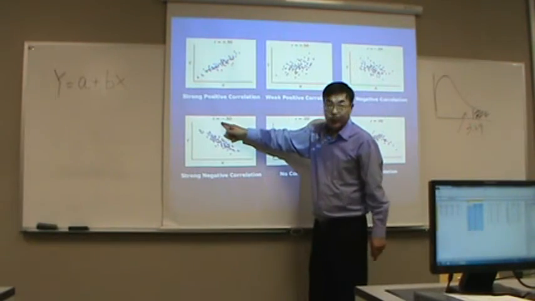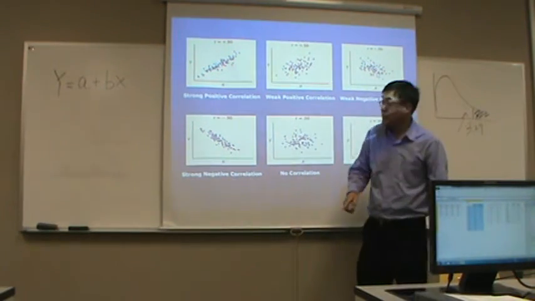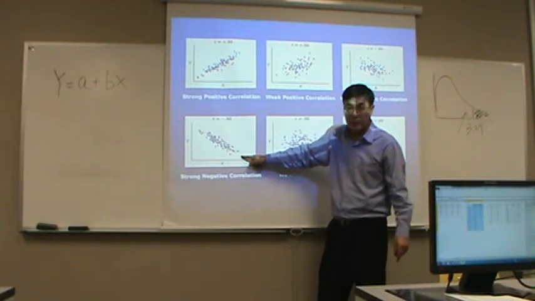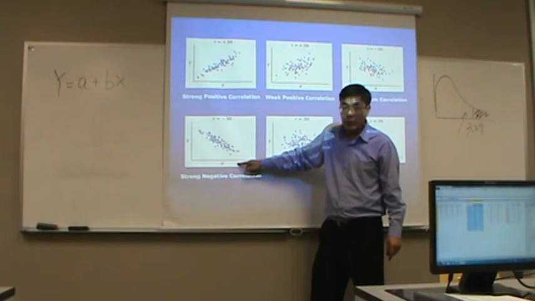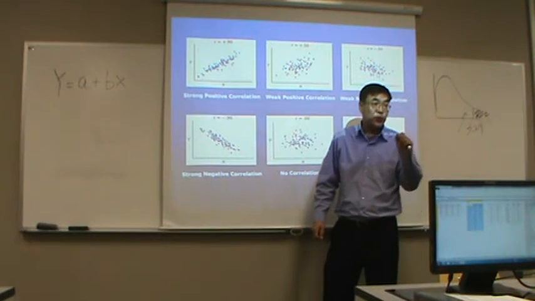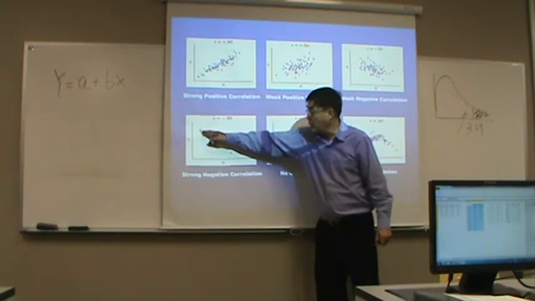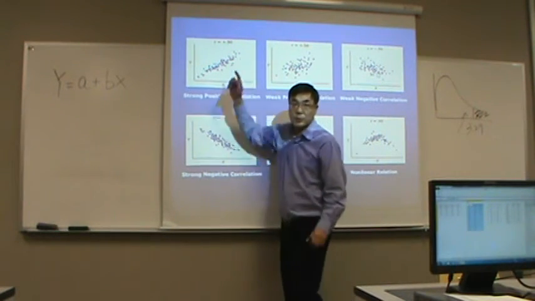If R is closer to -1, then the direction is like this. If x increases, y decreases, such as temperature and hot drink. So negative correlation, positive correlation.